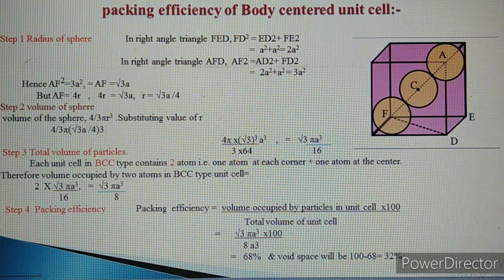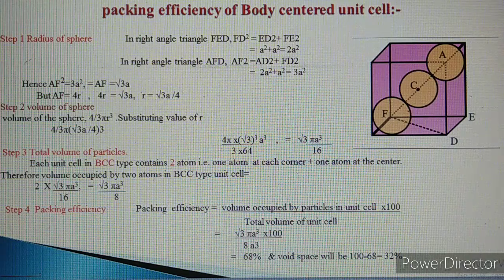AD square is 2a square and FD square is a square. So 2a square plus a square is equal to 3a square. So AF square is equal to 3a square.